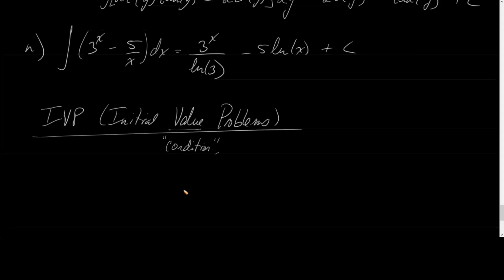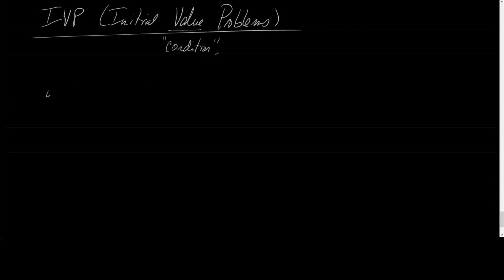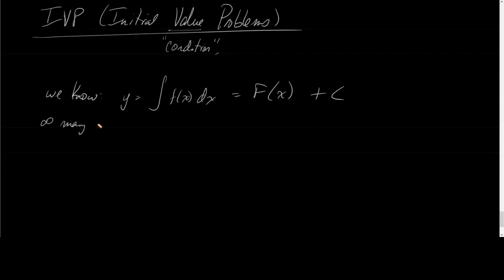So we know that if I have y being equal to an antiderivative of f of x dx, this had infinitely many solutions. We said this became capital F of x plus c. So we know there's infinitely many solutions.